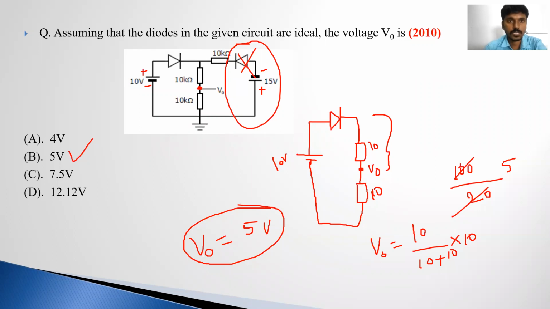So just it has confused the question. Please remember, all of you. Here the terminal changes. Here the battery terminals of the diode D2 change. So if the battery terminals change, again we have to solve both circuits.